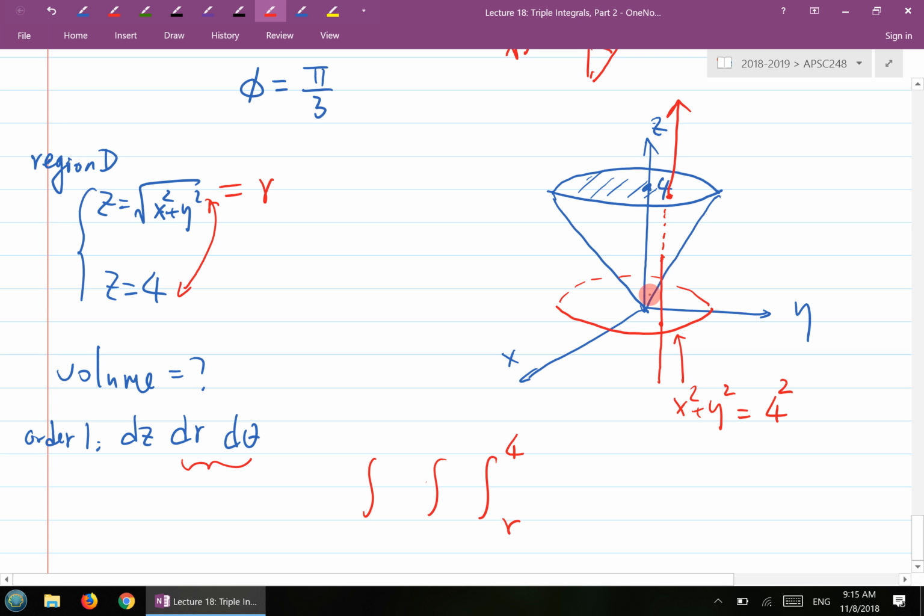Scanning in the r direction, 0 to 4. Last step, theta, 0 to 2 pi. So dz is the first integral, and then r dr and d theta are the next two orders. That's how you find the limits. Okay?